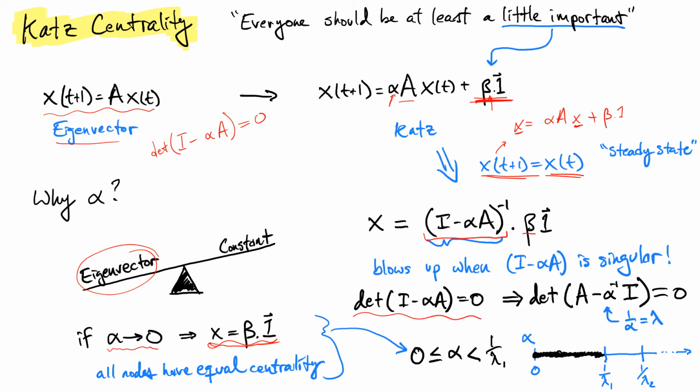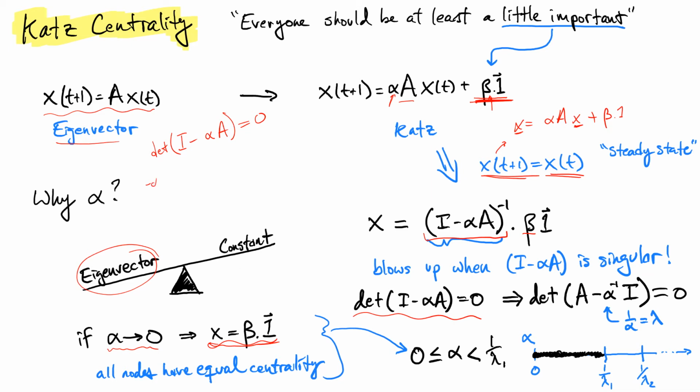If we go ahead and divide by alpha, that just allows us to rearrange this equation. In fact, we're dividing by minus alpha, and that doesn't change the determinant being zero, mainly because you can just pull that minus alpha out.